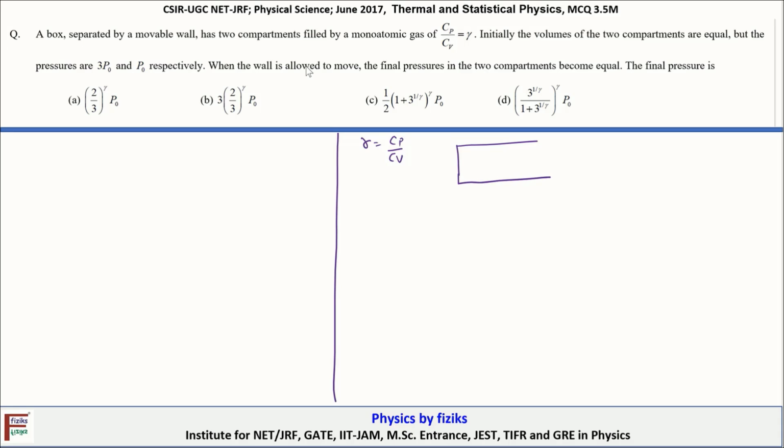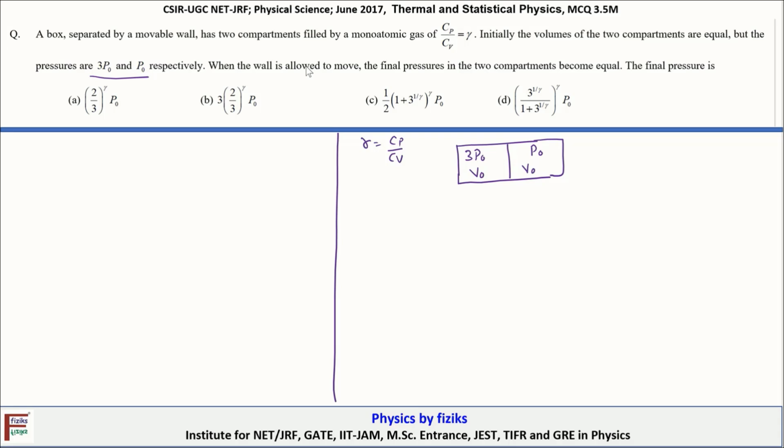We are given a box which is divided into two equal compartments. The volumes are given to be the same initially, let's say V0 and V0, and the pressures are 3P0 and P0 respectively. So in this chamber the pressure is 3P0 and here it is P0.